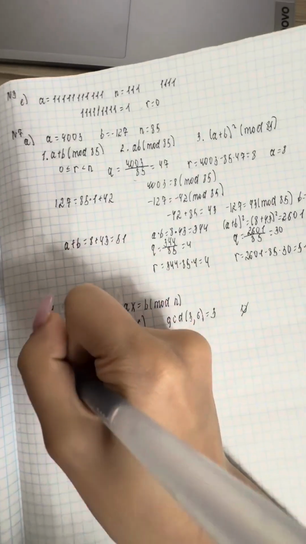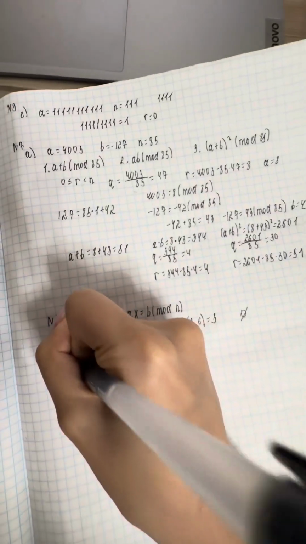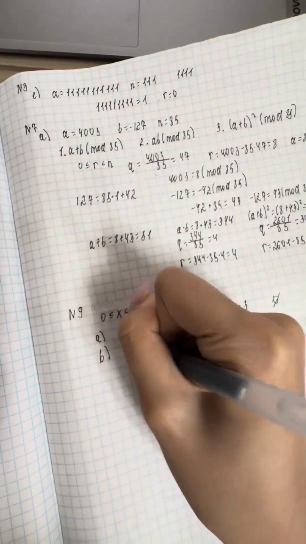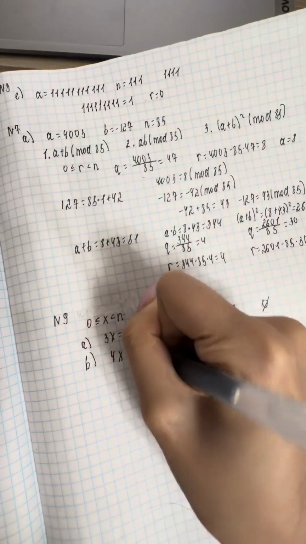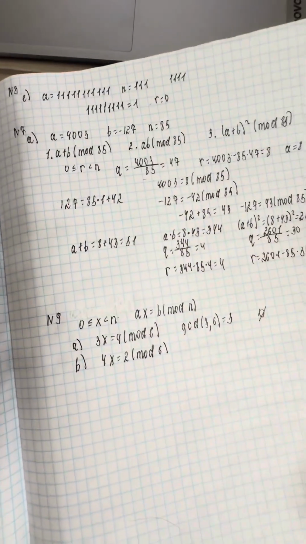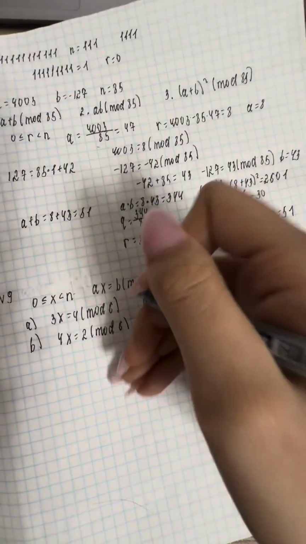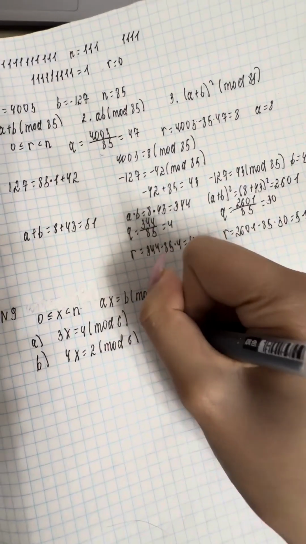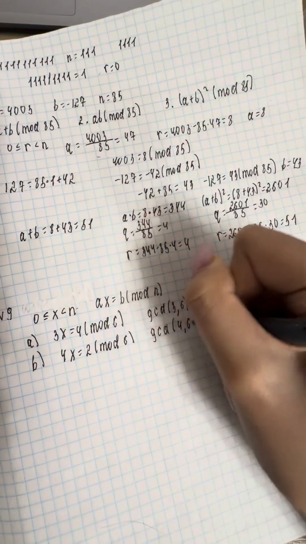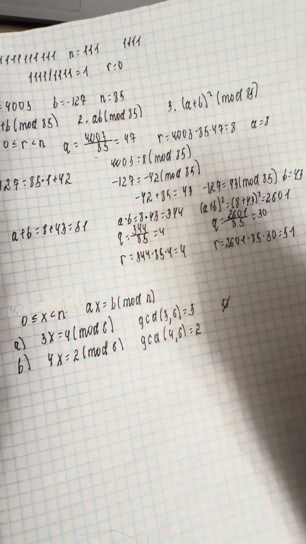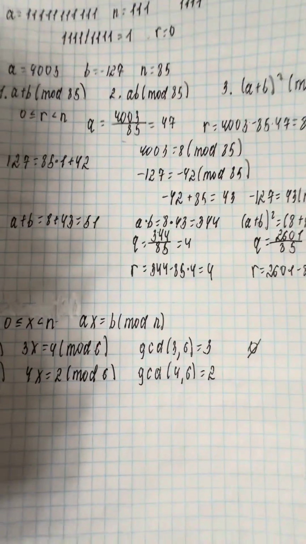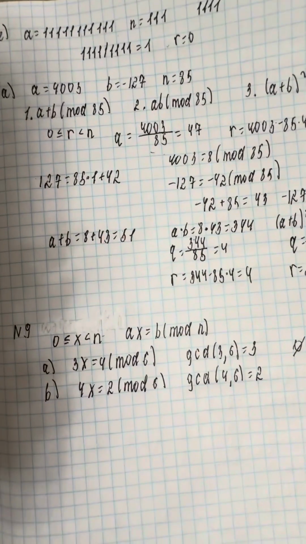And part B, 4x is congruent to 2 modulo 6, and we need to find the greatest common divisor between 4 and 6, which is equal to 2, and 2 divides 2, so a solution exists.